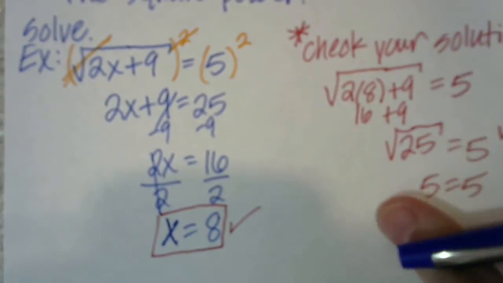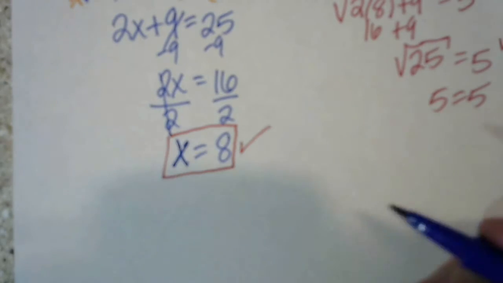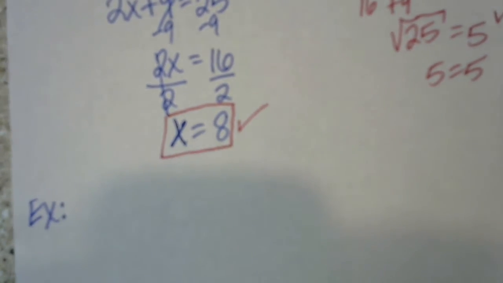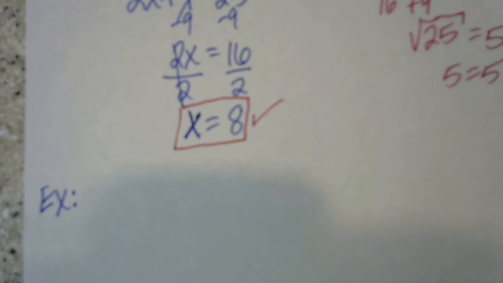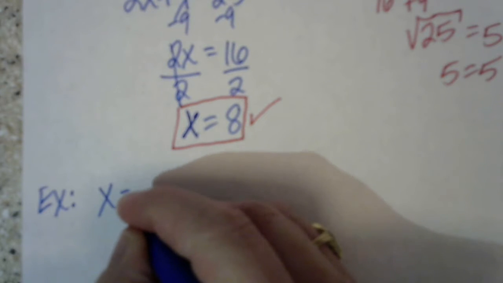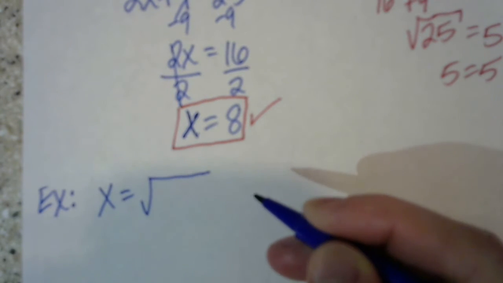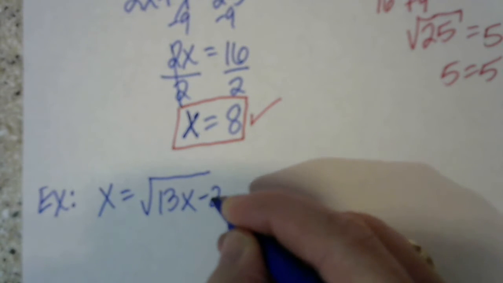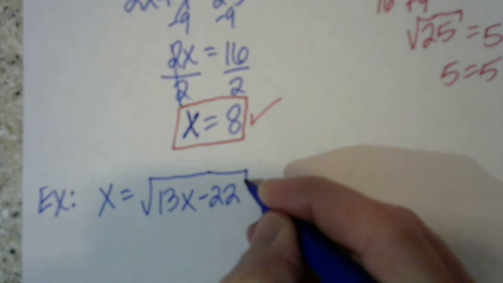So I want to talk about one other example where the radical is on one side, but there's still a little more to it. So what if we had x is equal to the square root of 13x minus 22?